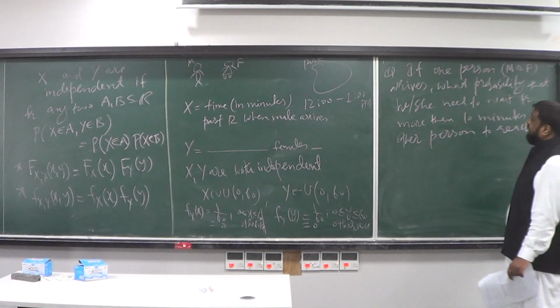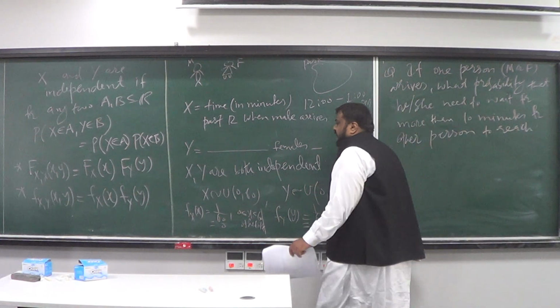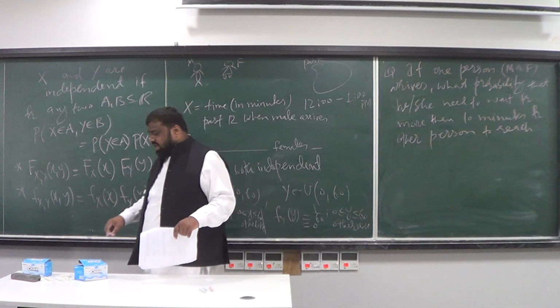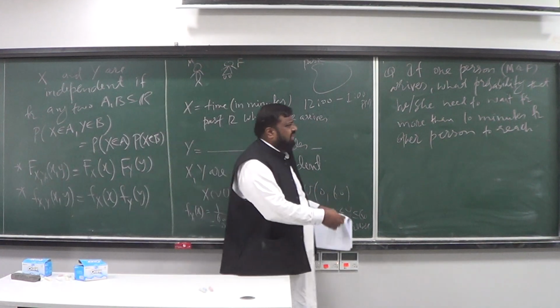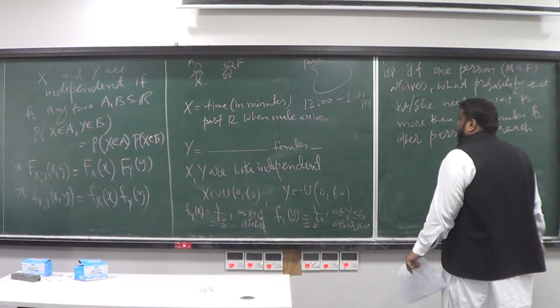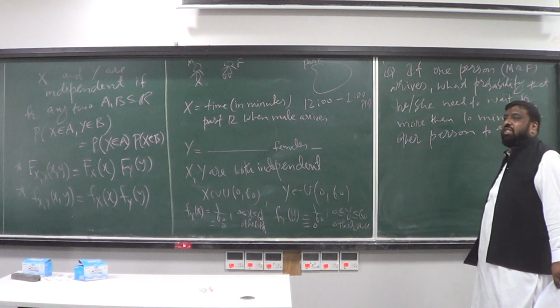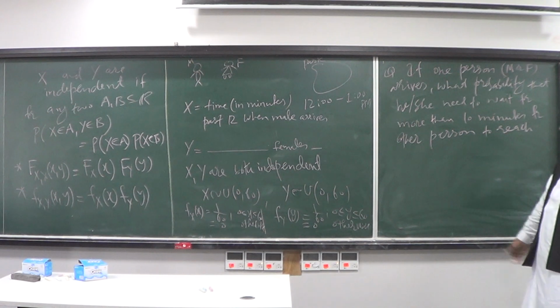So what is the probability that if one of the persons, say male or female, arrives at some instant between this interval, then he or she has to wait for more than 10 minutes for the arrival of the other person?